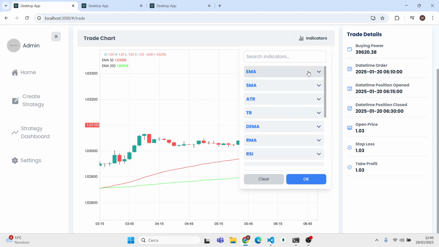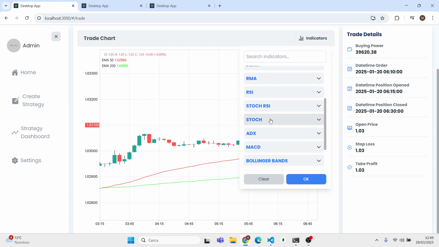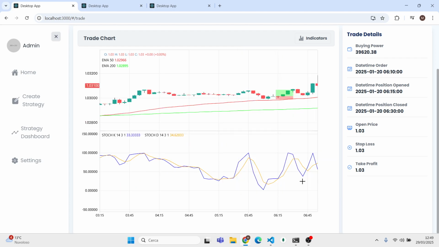After you have selected them, you will need the stochastic with default settings 14, 3 and 1. Now you are almost ready to trade.